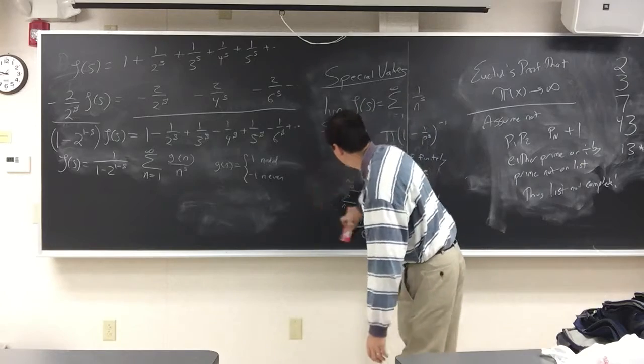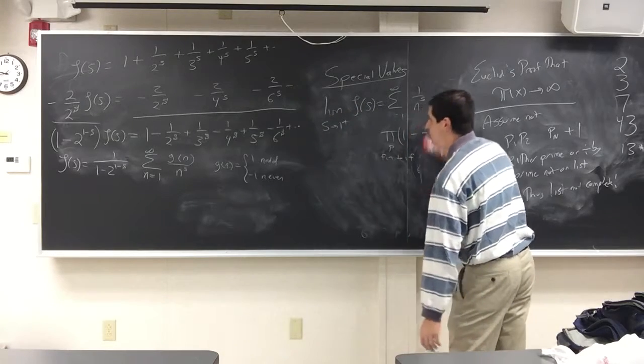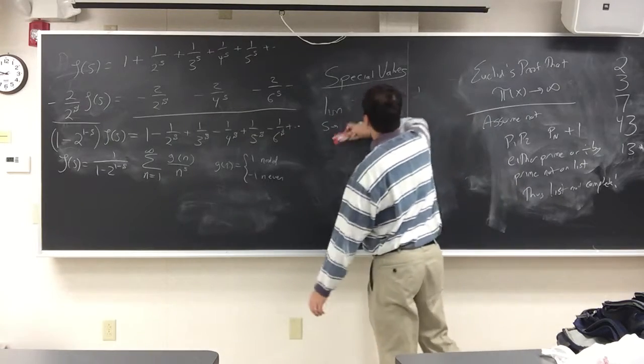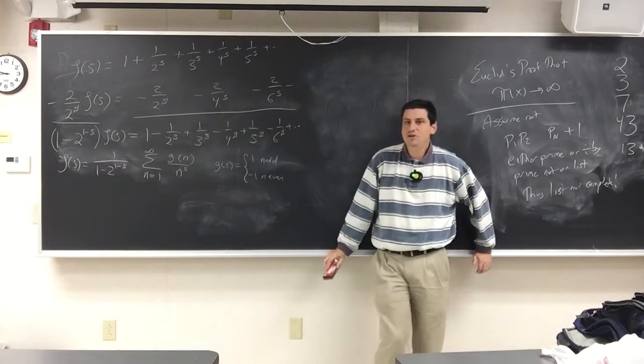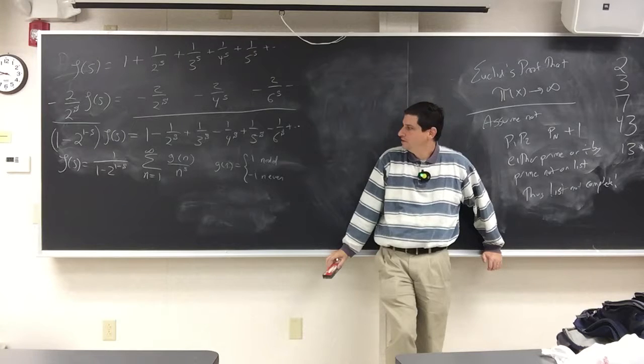It's an alternating series. But the problem is we have this factor of s. So s could be complex. So it may not stay alternating. How might we want to handle the sum of g of n over n to the s? What tool might we want to use?